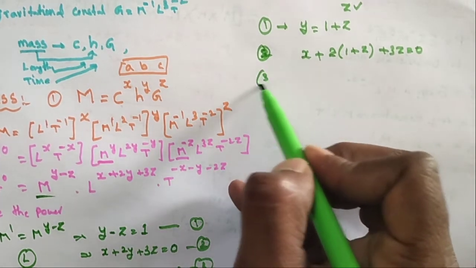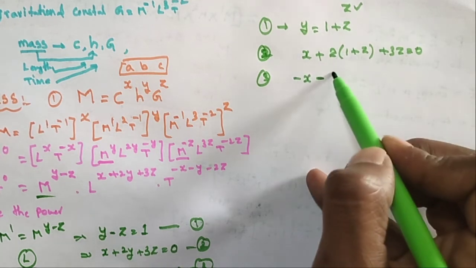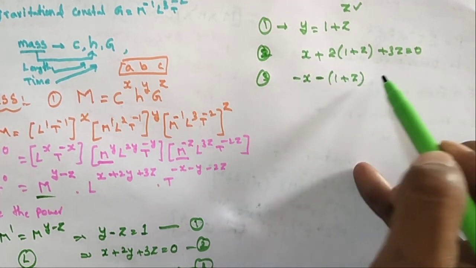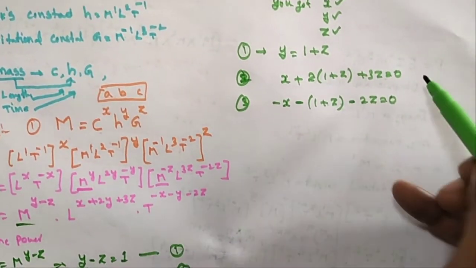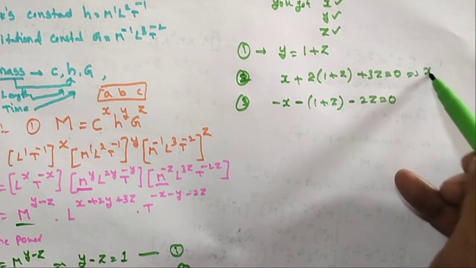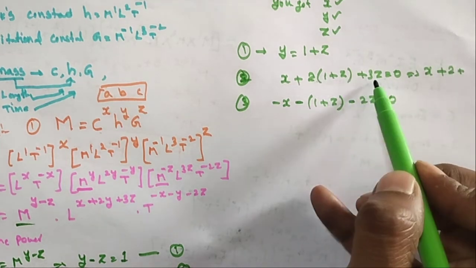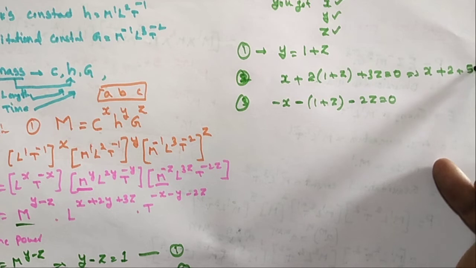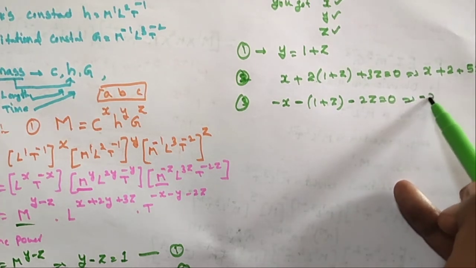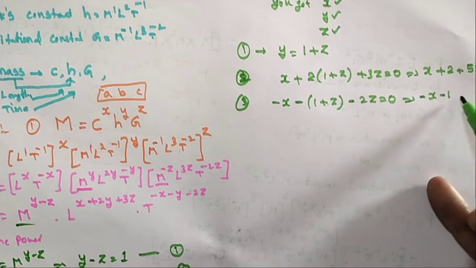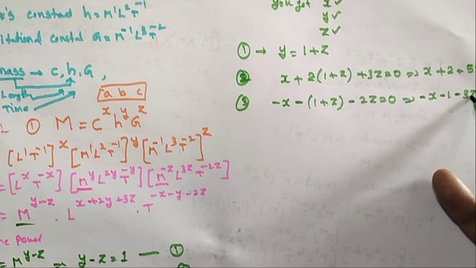And for the third equation substitution, minus x minus (1 plus z) minus 2z is equal to 0. So now this is x plus 2 plus 2z plus 3z, 5z is equal to 0. In this one, minus x minus 1 minus z minus 2z minus 3z is equal to 0.